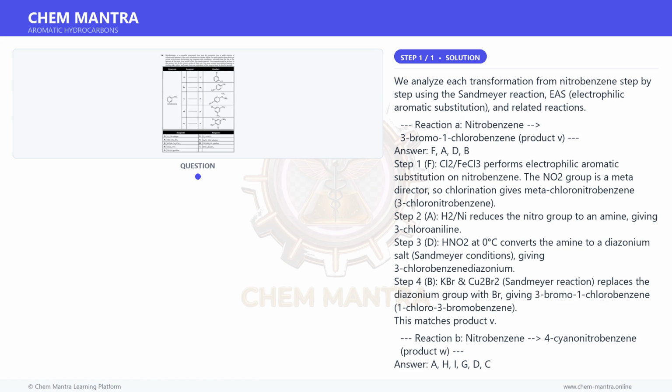No, we want to reduce to the amine. Actually, nitrobenzene plus F gives 3-chloronitrobenzene, then F again gives 3,5-dichloronitrobenzene. The second Cl goes to position 5, which is meta to NO2 and also influenced by the first Cl. Then A reduces NO2 to NH2, giving 3,5-dichloroaniline.